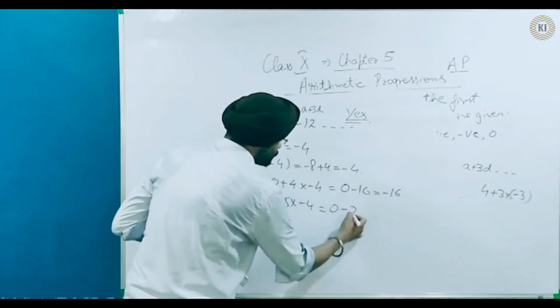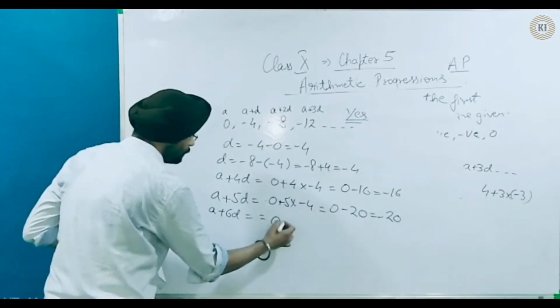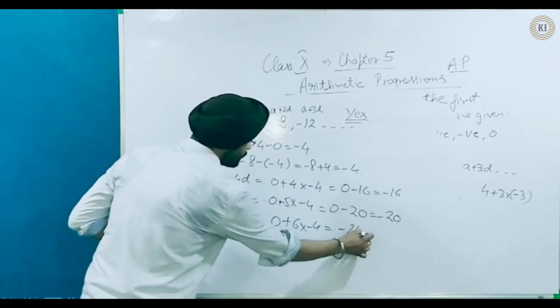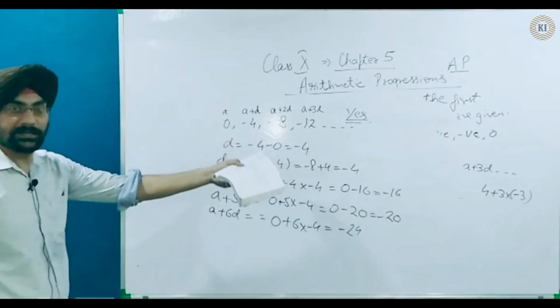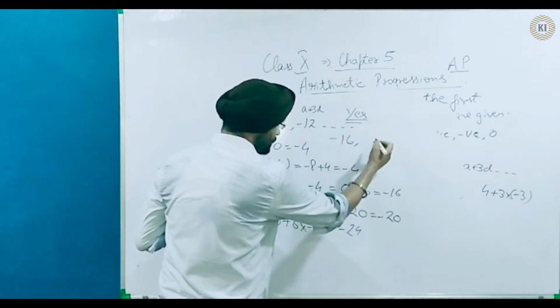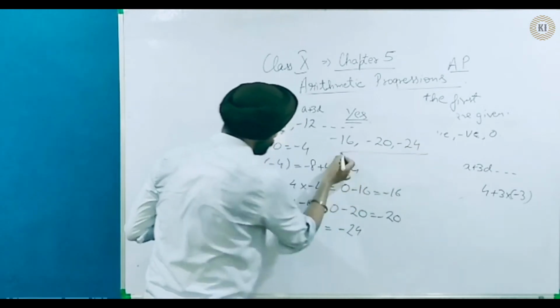So 0 minus 20 will be minus 20. Then A plus 6D: the value of A is 0 plus 6 into minus 4. It will come minus 24. So our next three terms of this AP will be minus 16, minus 20 and minus 24.